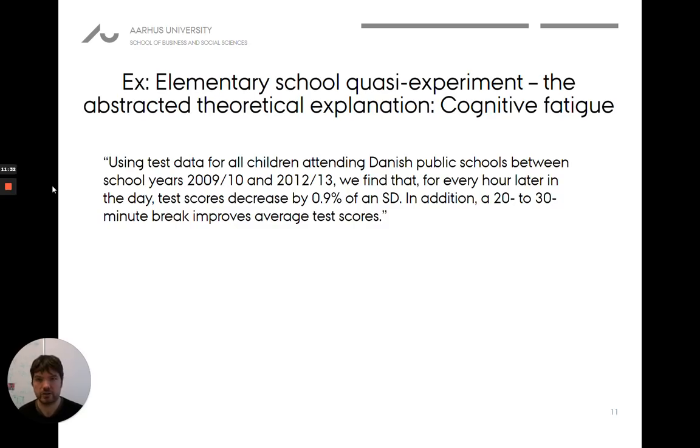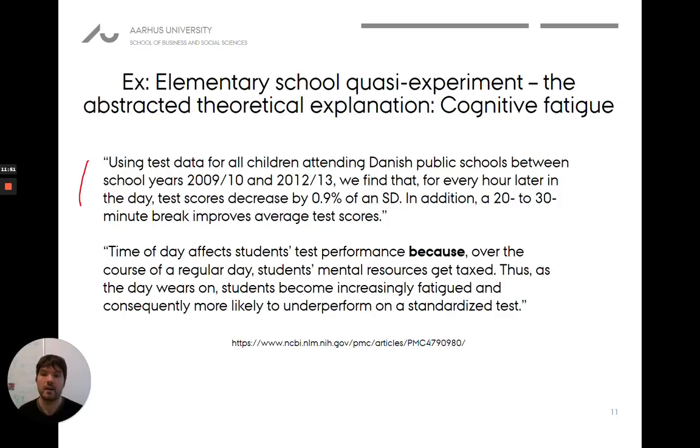If we take the elementary school quasi-experiment example that we've had before, the test data is showing that depending on when you take the test, your score decreases if you take it later in the day. That in itself is just showing data, is just being descriptive, is just showing, look, this is what is going on.